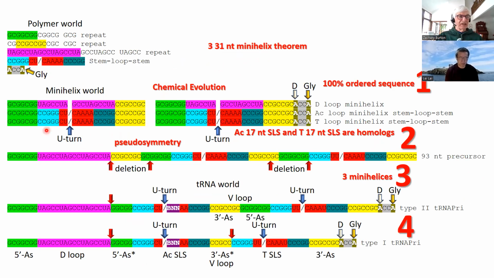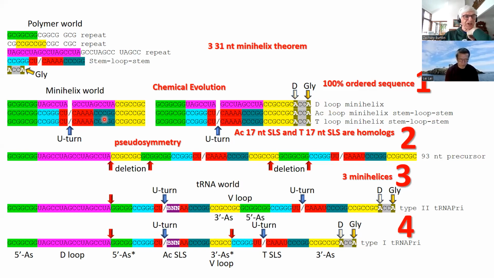So each of them is 31 nucleotides. They have 5' acceptor stem, which is a 7-mer, and a 3' acceptor stem, which is a 7-mer. And here you have a 17-mer. This is a UAGCC repeat that becomes the D loop of tRNA.